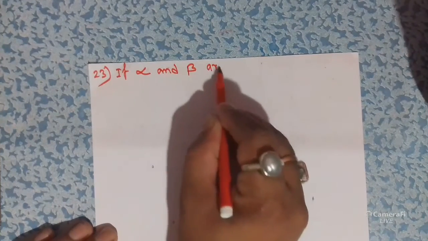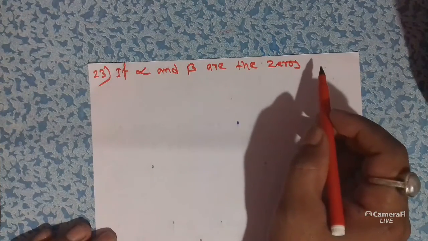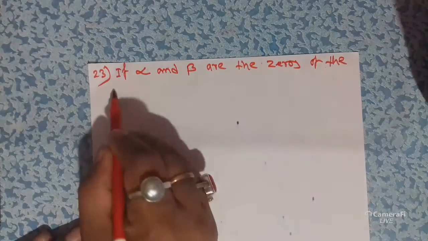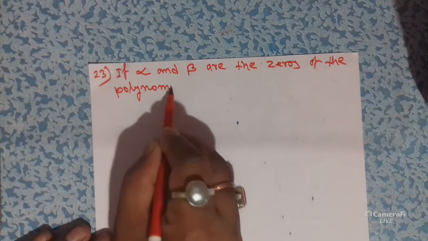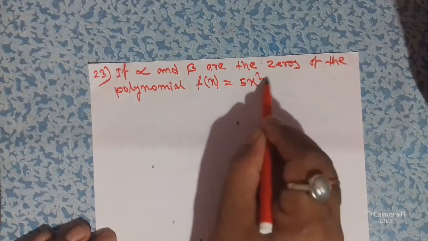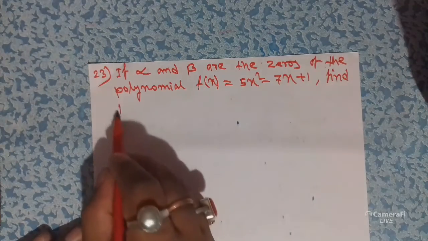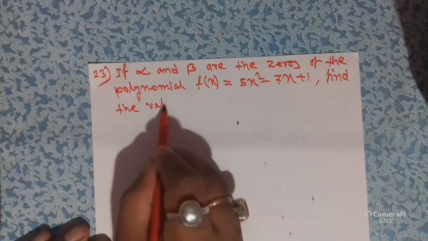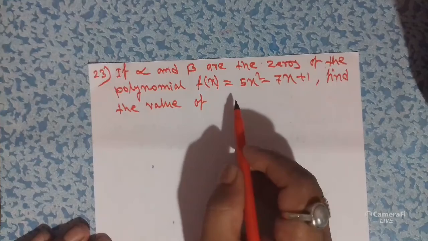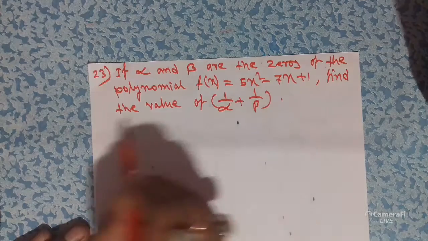If alpha and beta are the zeros of the polynomial f of x is equal to 5x square minus 7x plus 1, find the value of 1 by alpha plus 1 by beta.